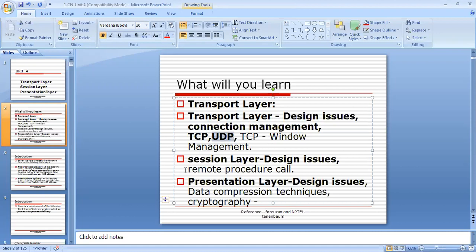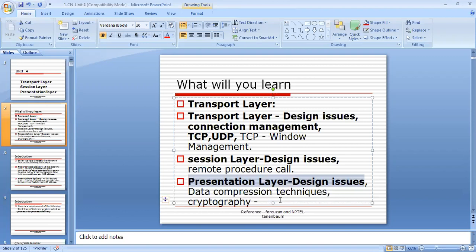Then from the session layer, design issues are the important terms. And from the presentation layer's point of view, presentation layer design issues, then compression techniques like lossless compression and lossy compression are the important parameters.